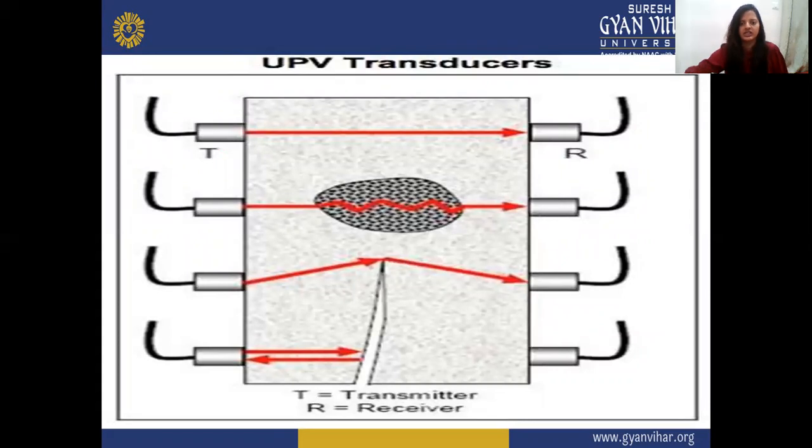So this is the path of transmission of sound waves, and this is how the wave path moves. We can analyze the delay of time, the time taken by the sound waves to travel from transducer to receiver.